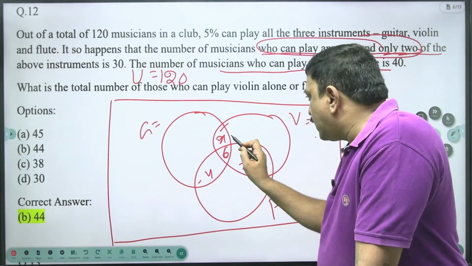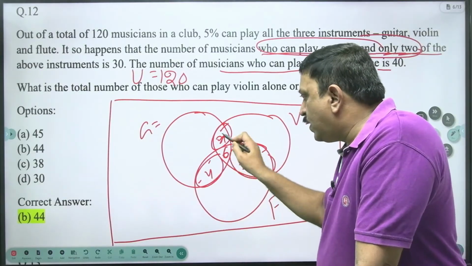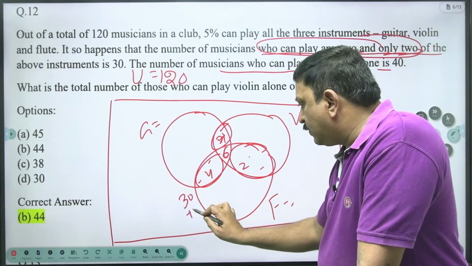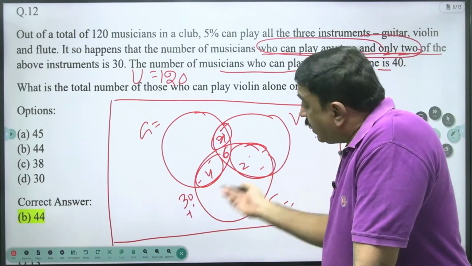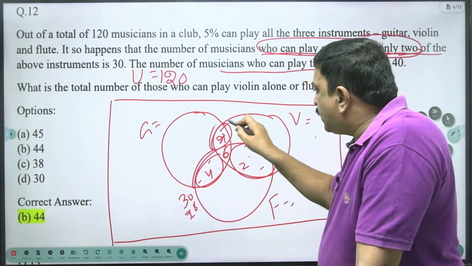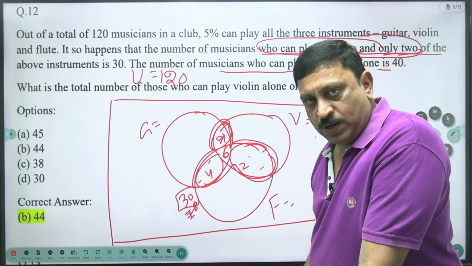So actually the answer is this part and this part, it is 30, and already 6 is there. 6 is included, so this entire lotus type represents 30 actually.